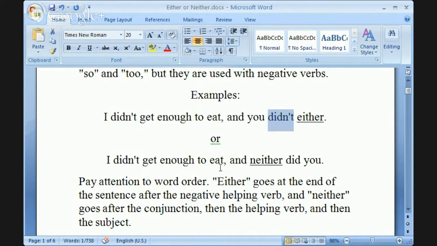And neither immediately follows the conjunction, and is the conjunction. Then the helping verb, did, positive. Helping verbs, also known as, I forgot the word. It'll come back to me in a second. And then finally the subject.